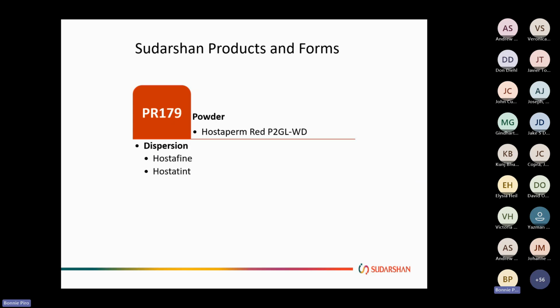From a product perspective, this comes to us via Legacy Heubach. So it's a welcomed addition to the new Sudarshan portfolio. Shows up in powder form as well as a couple of liquid forms.